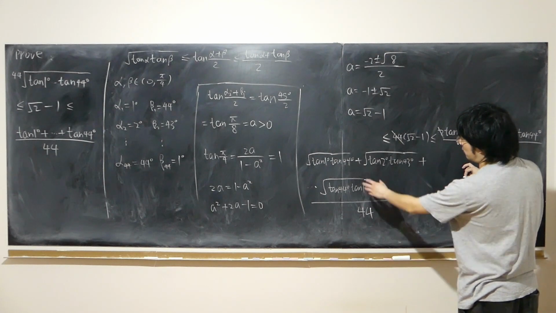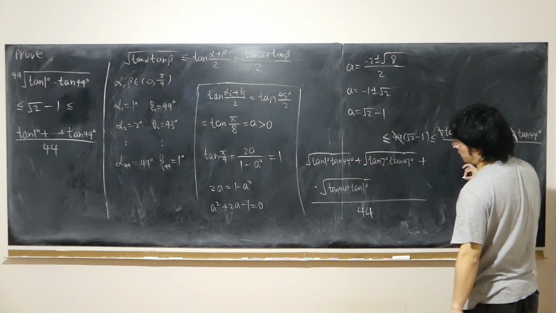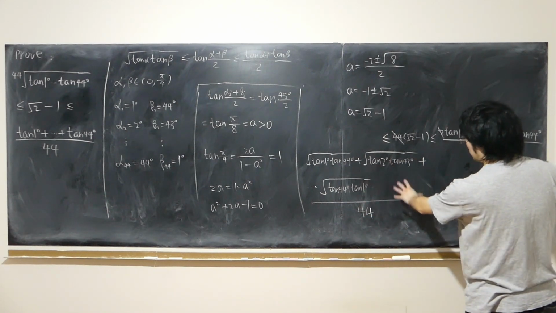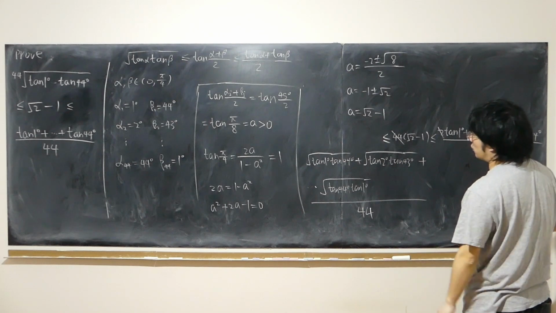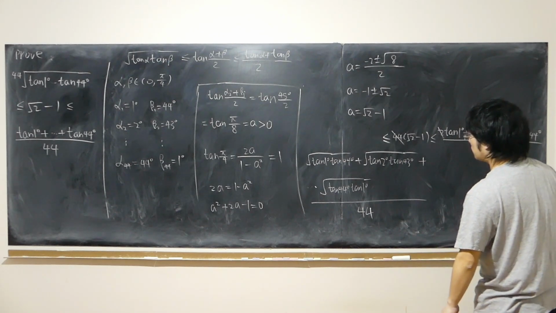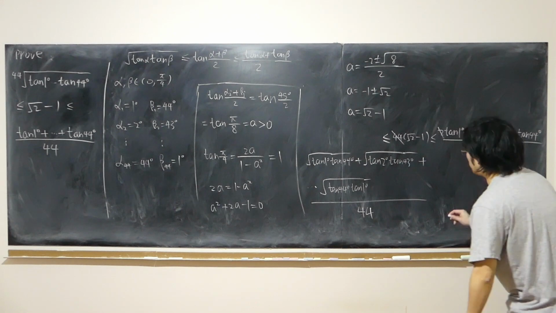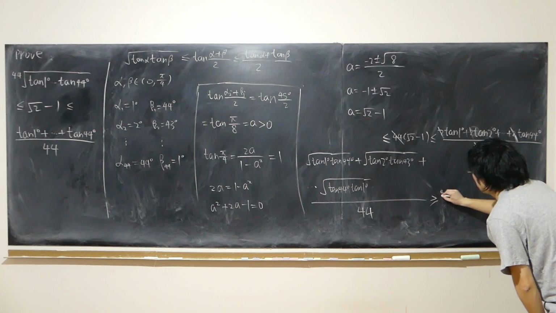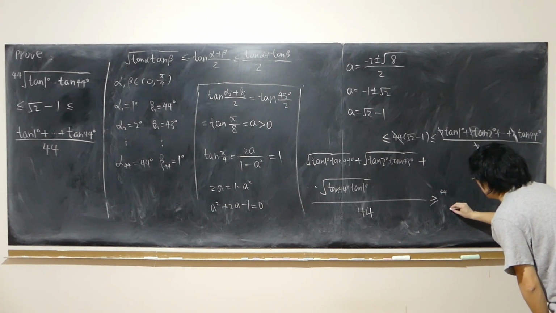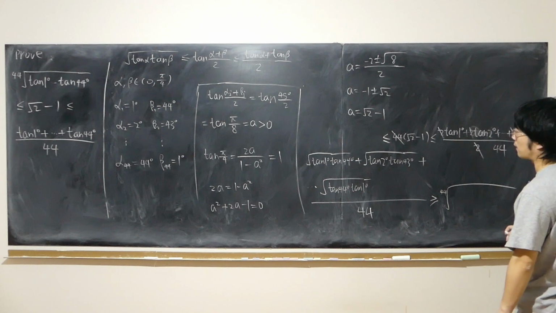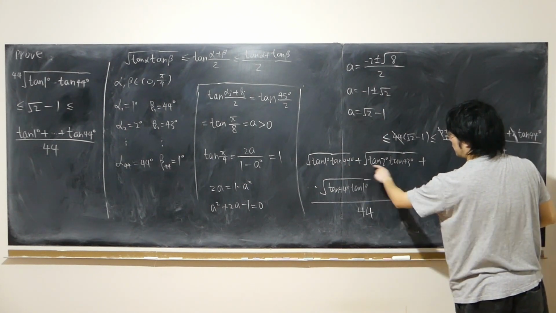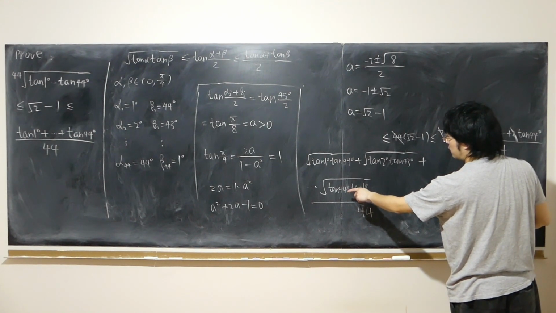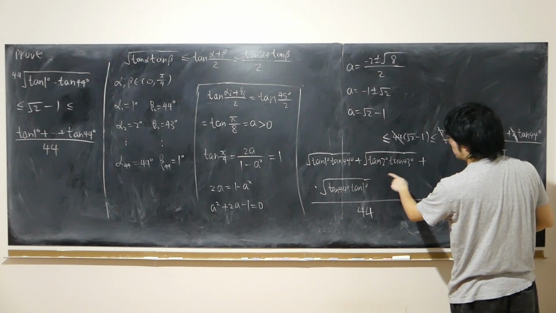I have how many elements up here? 1, 2, 3, I have 44 elements. Exactly the arithmetic mean. So the left hand side at the same time is bigger than or equal to the geometric mean, the 44th root of the product. How many tangent 1 degree do I have in this product?